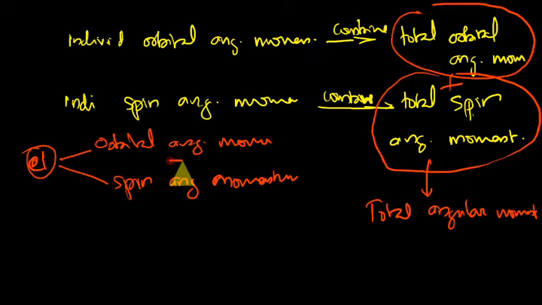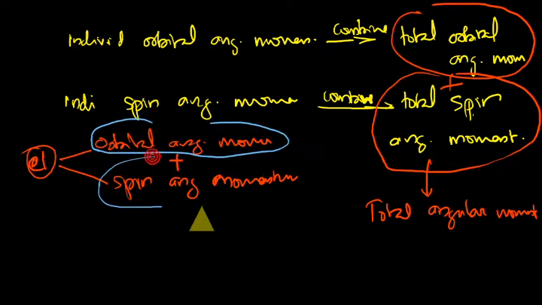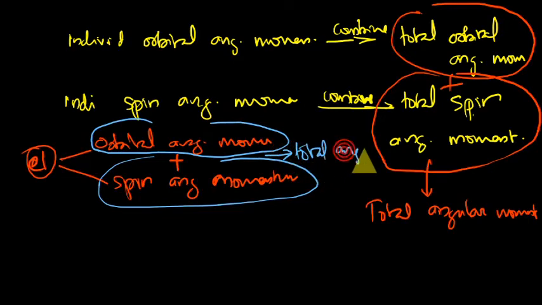Now this orbital angular momentum and the spin angular momentum, which are of the same electron, couple to give a total angular momentum of that individual electron.